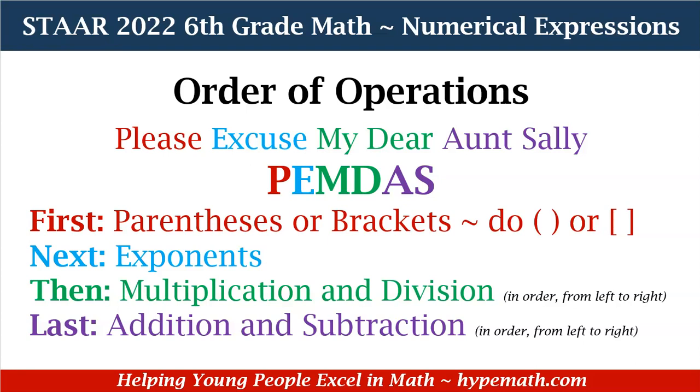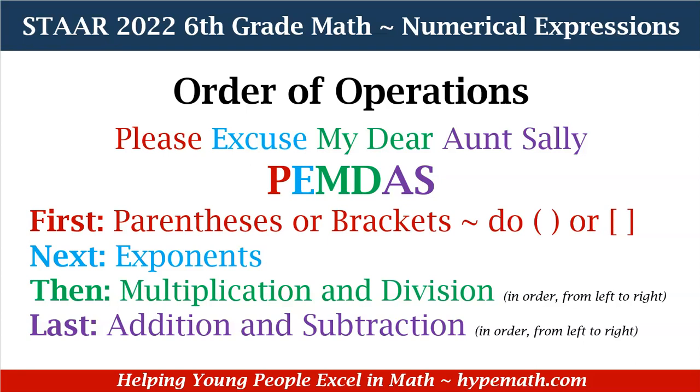Even though it says multiplication and division, if we have an expression and division comes first when we're working it out from left to right, that is what you do. It's multiplication and division in order. So whichever operation comes first when solving from left to right, that is the one you do. And last, the same thing for addition and subtraction.